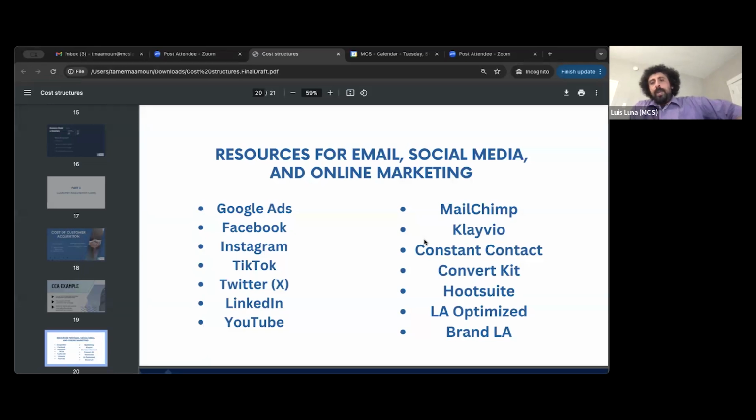And for email marketing, you can go to MailChimp or Constant Contact or ConvertKit or Klaviyo or Hootsuite or any of those. And if you have your own website, you typically will have a place built into the platform itself that will have some type of email marketing component to it.